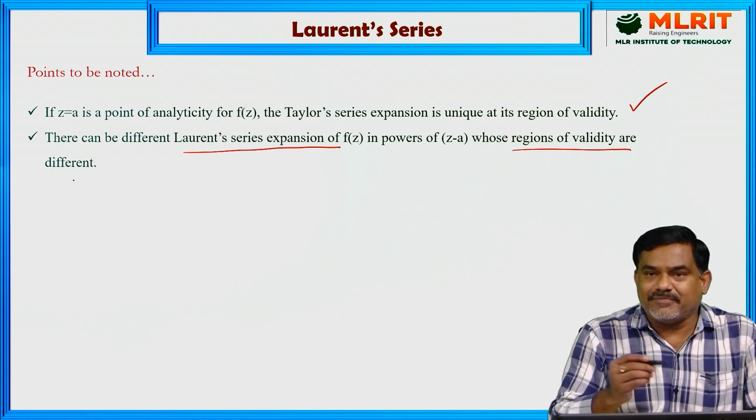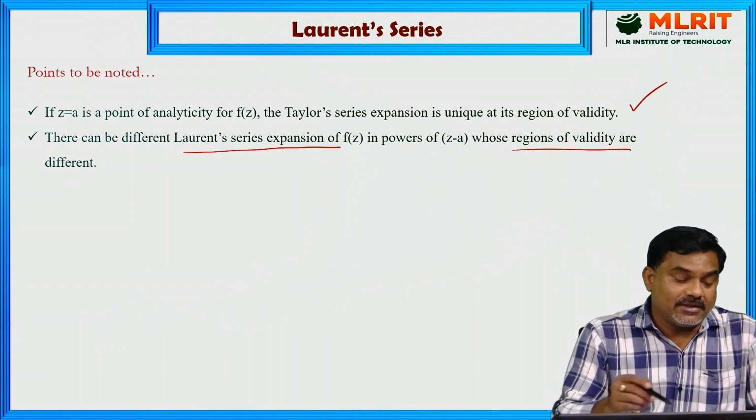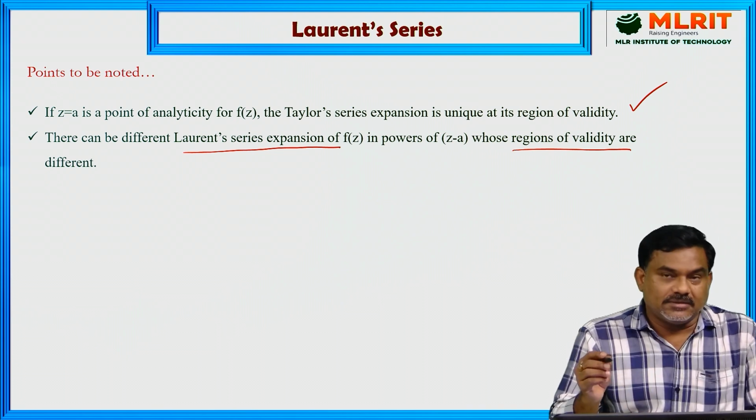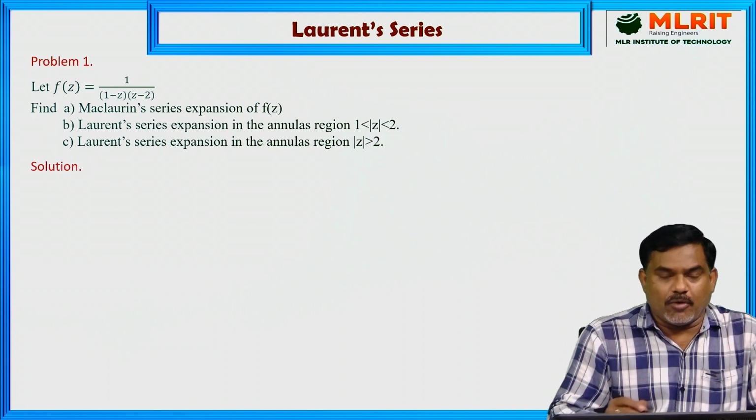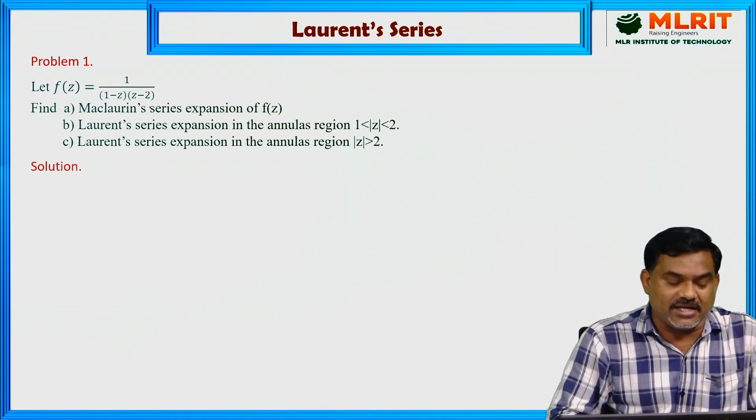So if there are different regions of validity, then we can find different Laurent series expansions, but for Taylor series it is unique. Now, coming to the problems, the first one: f of z is 1 by 1 minus z into z minus 2.